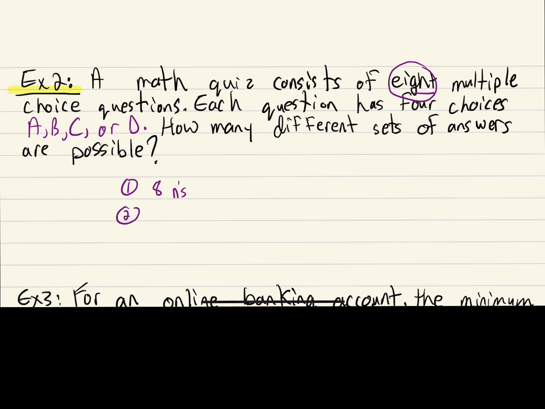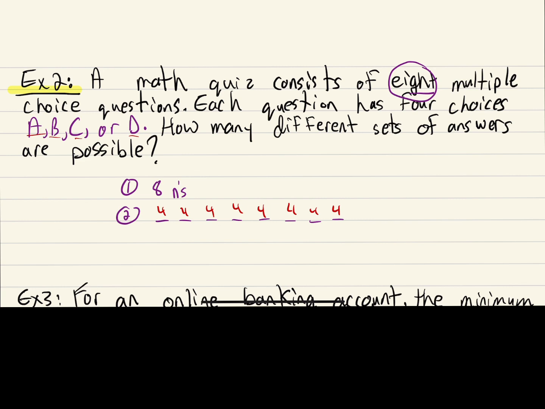Okay, the second thing is, how many possibilities or how many ways are there to do each event? Well, if I think about it, I'm doing these dashes as questions here. I'm going to do 8 possible events. Each question has the possibility of A, B, C, or D. So there are 4 possible ways to do each event.